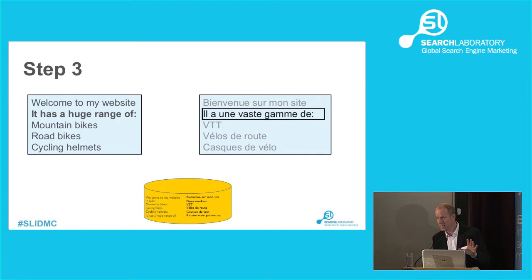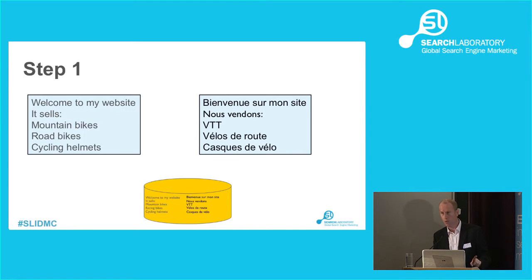I'm now going to do exactly the same thing again. I'm going to go back to step 1 and I'm going to SEO it. Okay? So I've translated the page and I've got this good page in French on the right hand side. And then I send it off to a quality SEO company that can work in French.